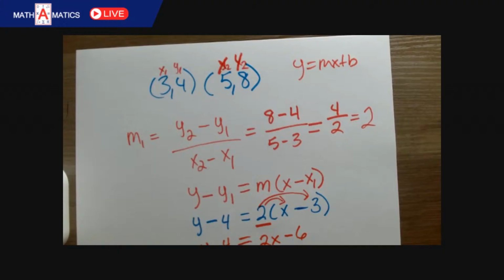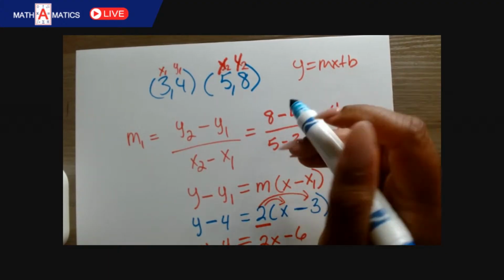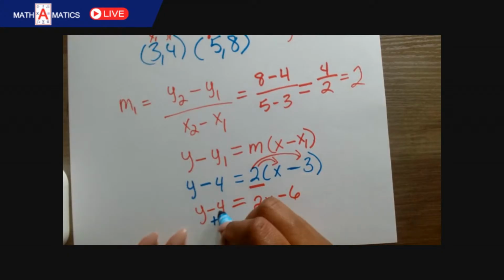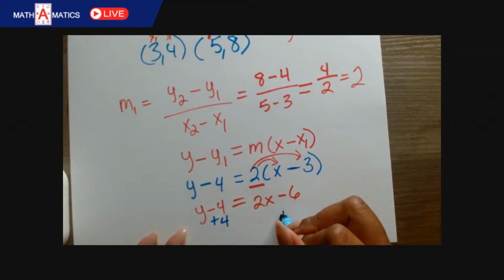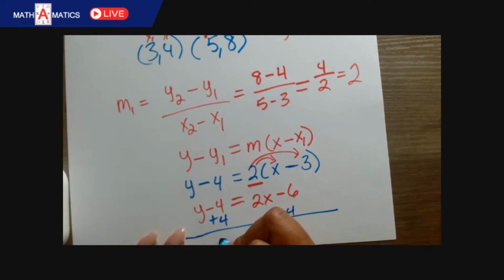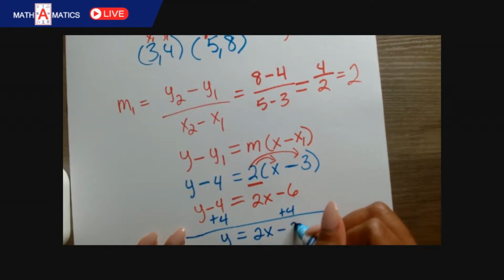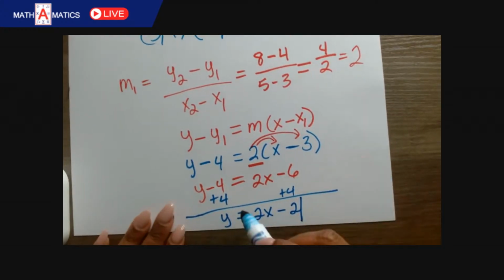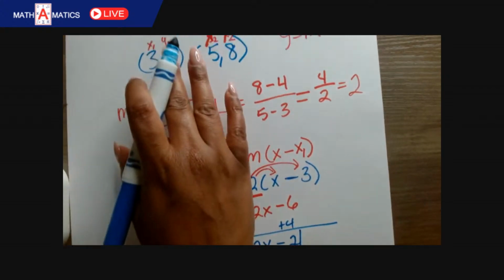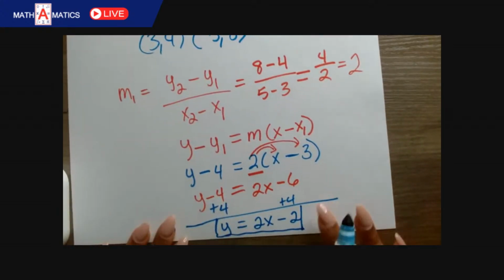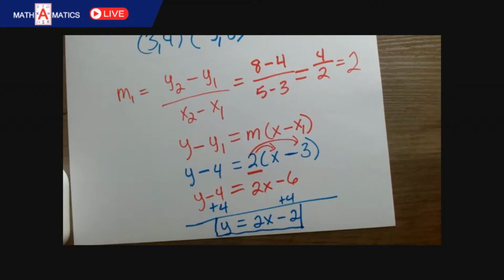And just like we do in regular equations, we have to move this 4 over so that we can completely get it into our y equals mx plus b form. So we're going to add 4 to both sides. And so we will get y equals 2x minus 2 as our answer. And this is how you go from 2 points to your y equals mx plus b equation.